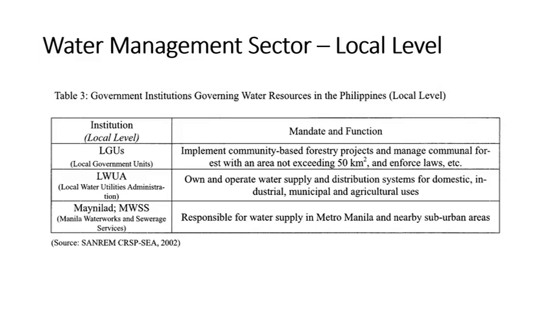And then LWUA is to own and operate water supply and distribution systems for domestic, industrial, municipal, and agricultural uses. So this is somehow quite clear. So you have LWUA for everything else that is bigger than 50 square kilometers. And then you have Maynilad, MWSS, and Manila Water for the water supply of Metro Manila and nearby suburban areas.